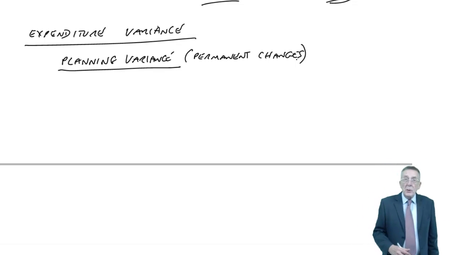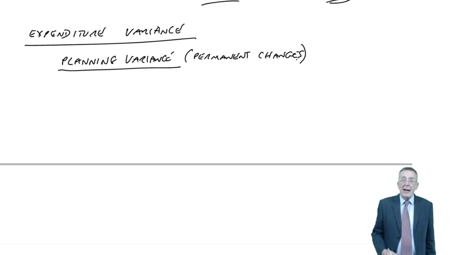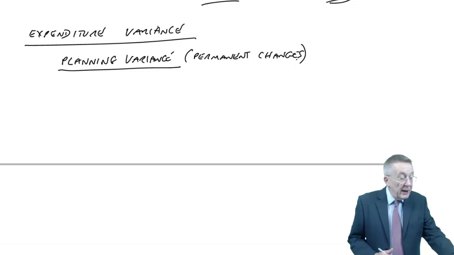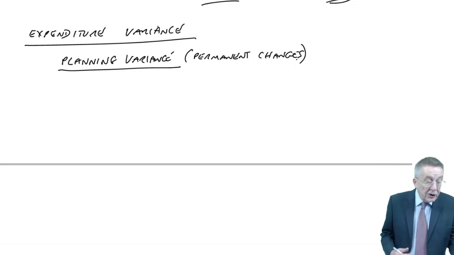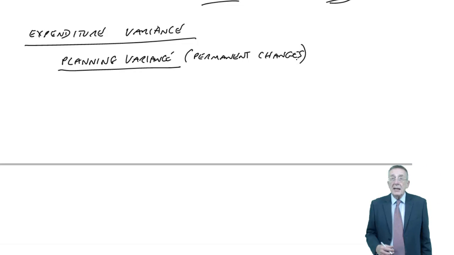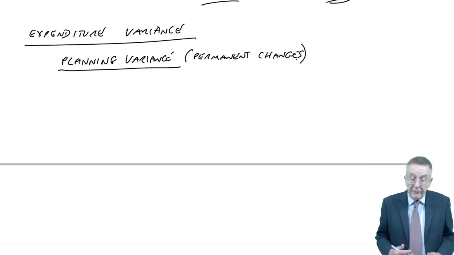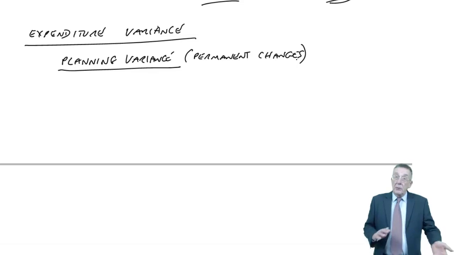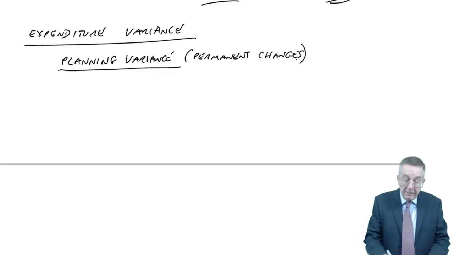And we take the same approach as we did before working out the expenditure variance, except this time we're going to say, oh, right, the original budget said $5 per kilo. The price has changed to $4.85 a kilo. And so that revised figure of $4.85, we'll compare that with the $5 and see how much it affects us. Have we saved? Have we paid more?